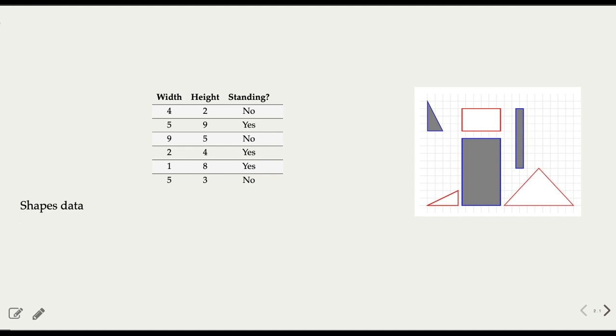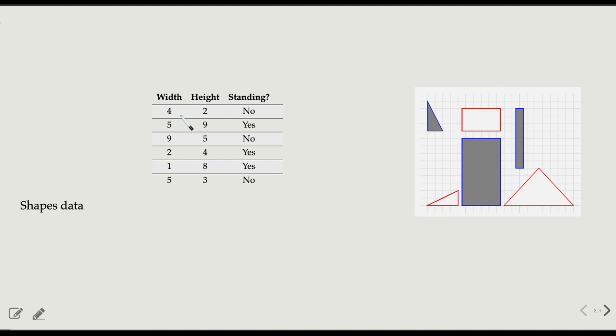So intuitively, when we look at the shapes here, the ones that are taller, that their height is greater than the width, appear to be standing. So the classification here is that it stands. Let's look at the data here.